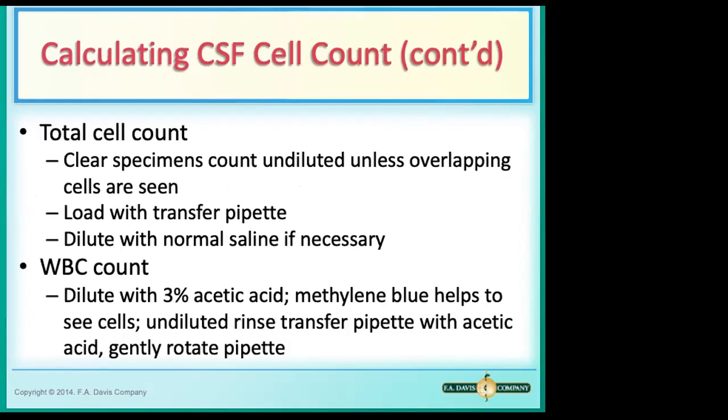So we can do total cell counts and white blood cell counts. These are the 2 typical counts that we will do on CSFs. Again, it depends on the kind of specimen that you get. If you get a clear specimen, you don't have to dilute it. So that can be counted all undiluted, since there is nothing else that you see under the microscope.